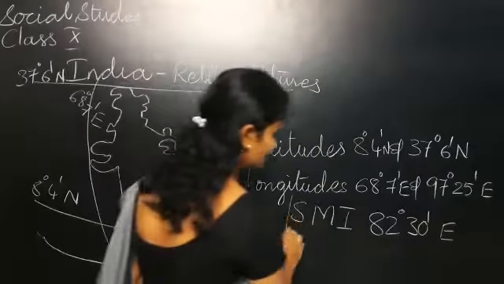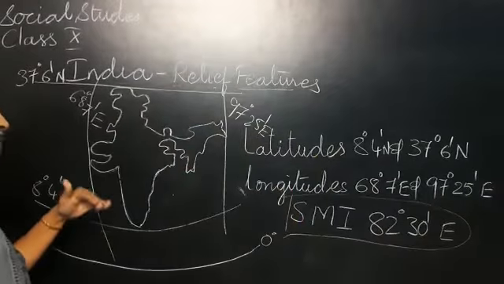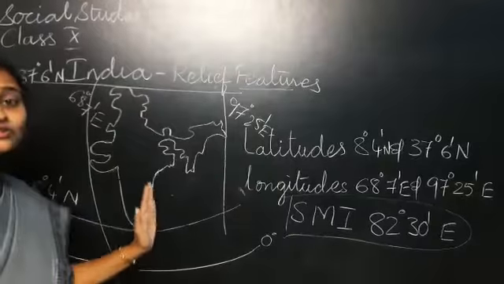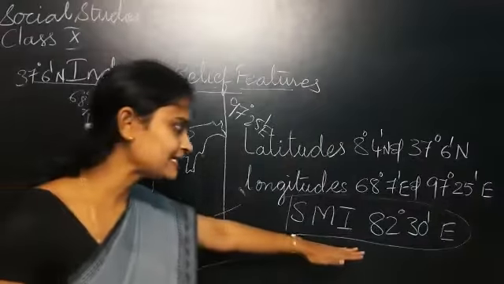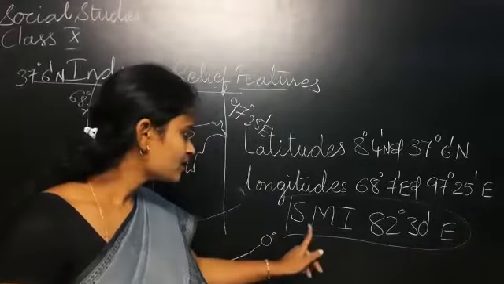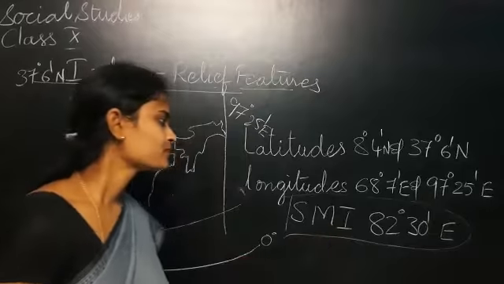This is the standard meridian of India. To avoid confusion, one longitude has been chosen to know the time, that is 82 degrees 30 minutes eastern longitude. Standard meridian. Meridian means longitude.